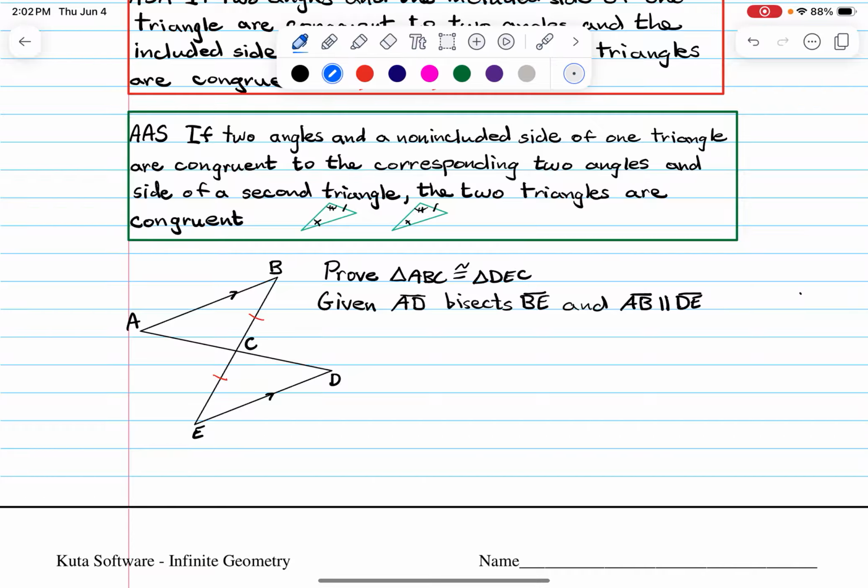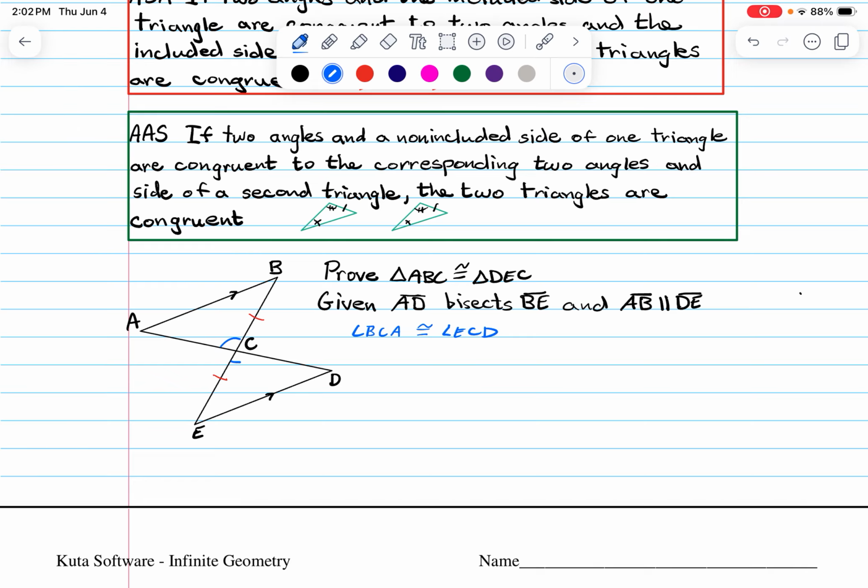I know that angle BCA, this angle right here, is congruent to ECD.